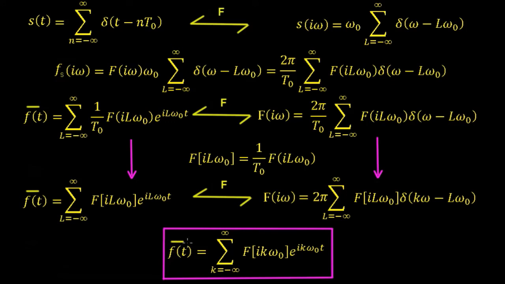Now we note that f of t has a little bar over it because we know that this f of t is going to be periodic, and it's going to be the sum from k equals minus infinity to infinity of F of i k omega naught e to the i k omega naught t, and this here is our inverse discrete frequency Fourier transform, or it's just the inverse transform of our Fourier series.